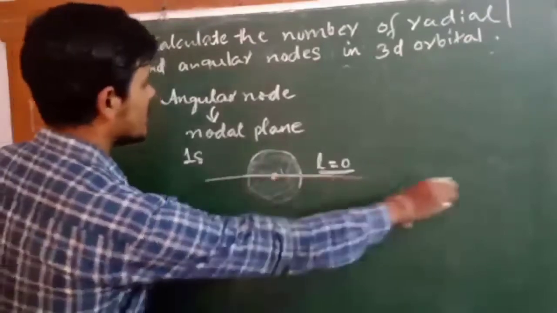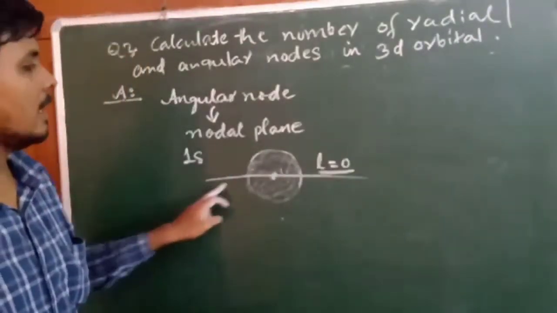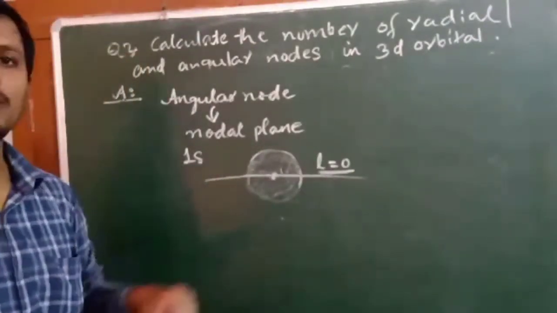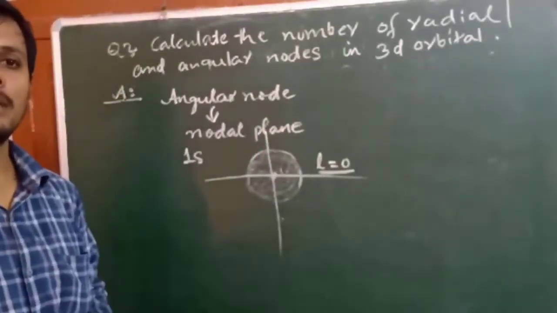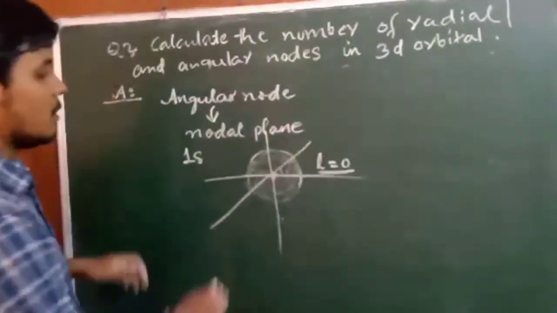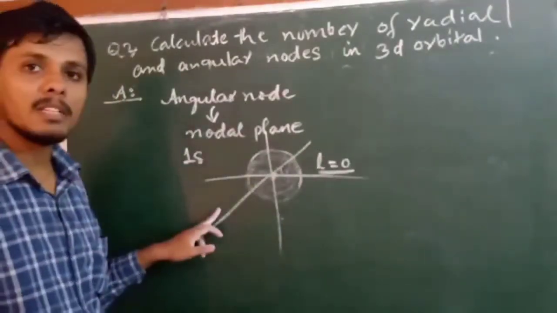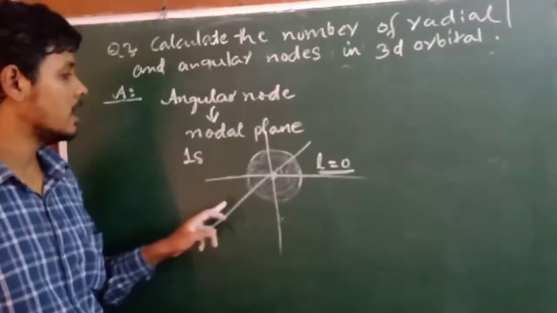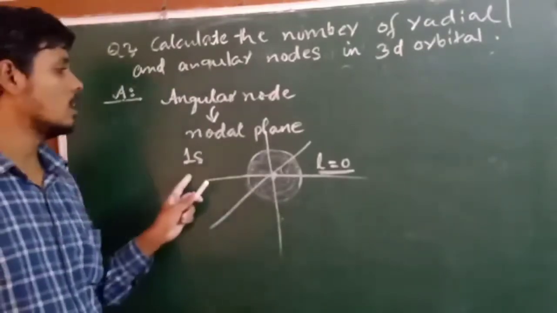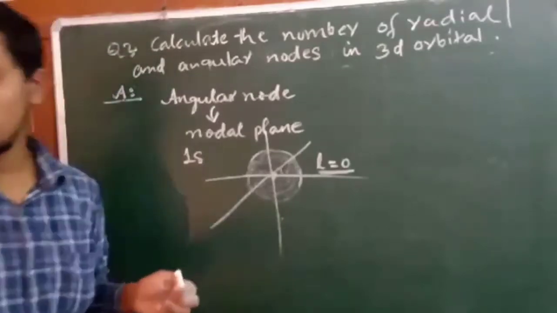If I consider a plane like this, at no point in this plane do I have 0 electron density. If I consider a plane like this, at no point do I have 0 electron density. If I consider a plane like this, I cannot have even a single point where the electron density is 0. That is why I don't have an angular node in the 1s orbital.